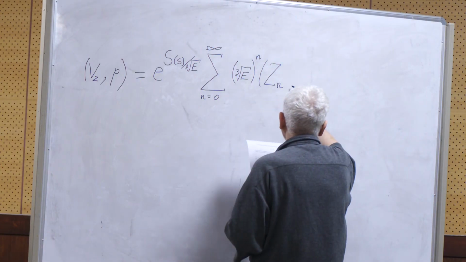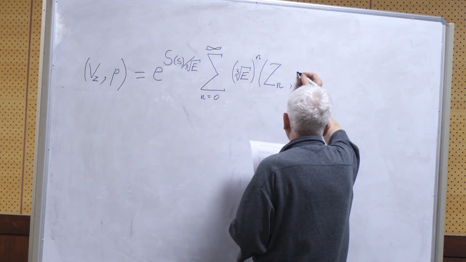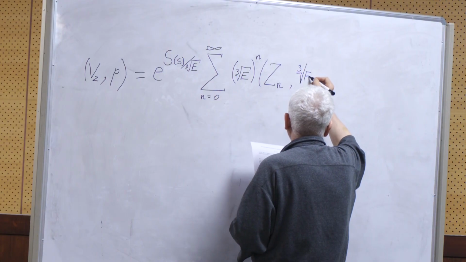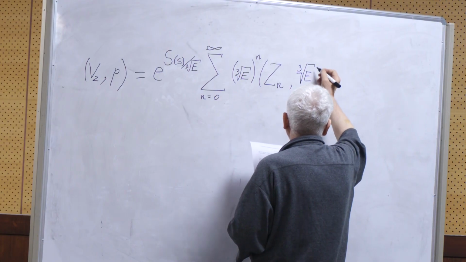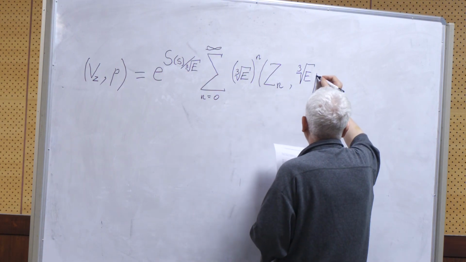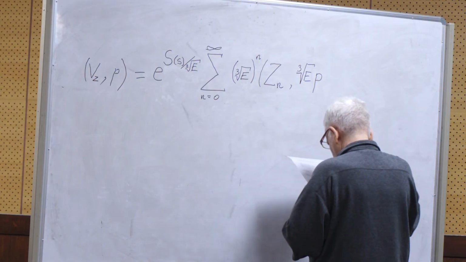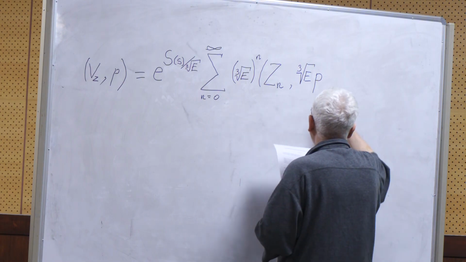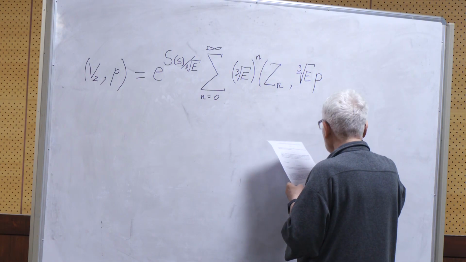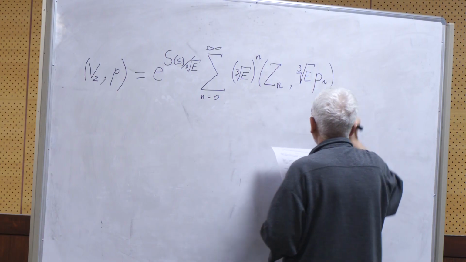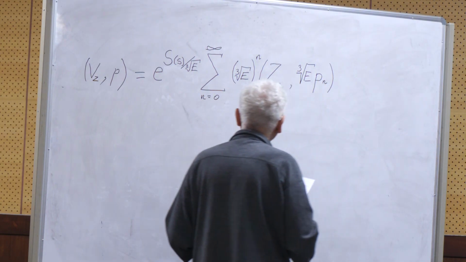And then there is the square root of order 3 of the Ekman number, which is multiplied by the pressure, and the pressure is also indexed by n.